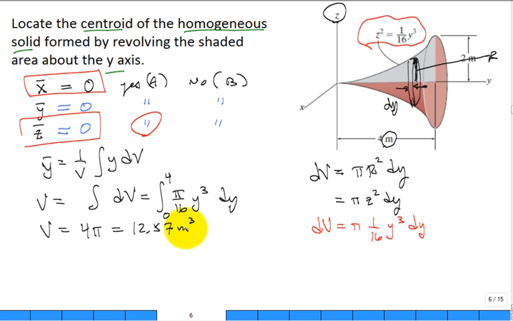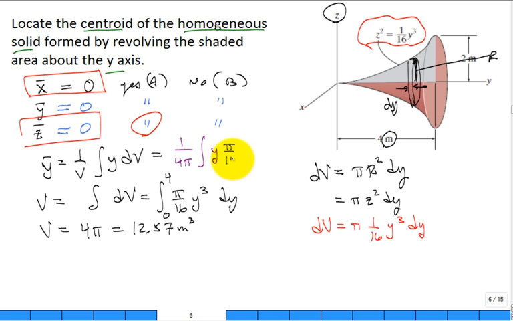All right. But we want to get y bar, so I have to compute this integral. So we have 1 over 4 pi, that's our total volume, times the integral of y, because we're integrating with respect to y, that just plugs in. And then what did we have for dV?